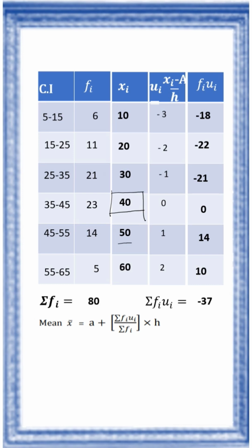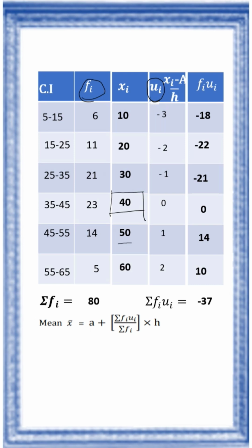We have already created the column for fi ui, means you have to multiply frequency as well as ui. 6 into minus 3, that is negative of 18. 11 into negative of 2 is minus 22. 21 into minus 1 is minus 21. 23 into 0 is 0. 14 into 1 is 14. 5 into 2 is 10.